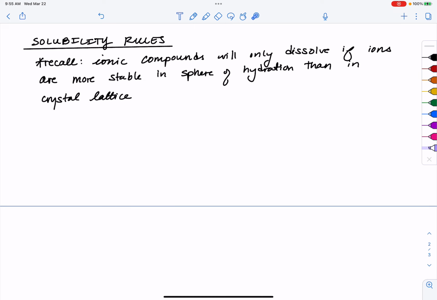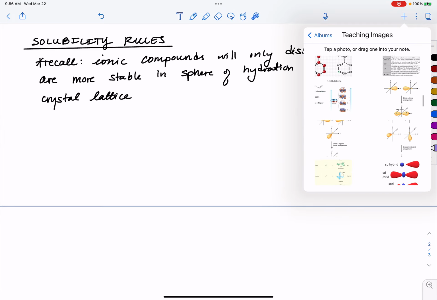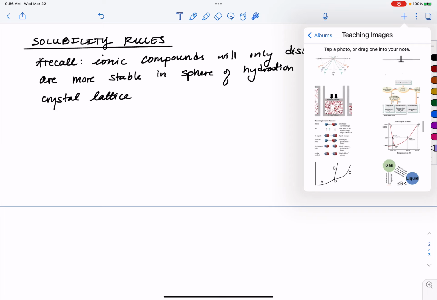So recall from our electrolyte lab, we discussed that ionic compounds will only dissolve into solution if and only if their ions are more stable in that sphere of hydration, or more stable in solution, than they are in their solid crystal lattice structure. So we looked at sodium chloride as an example.